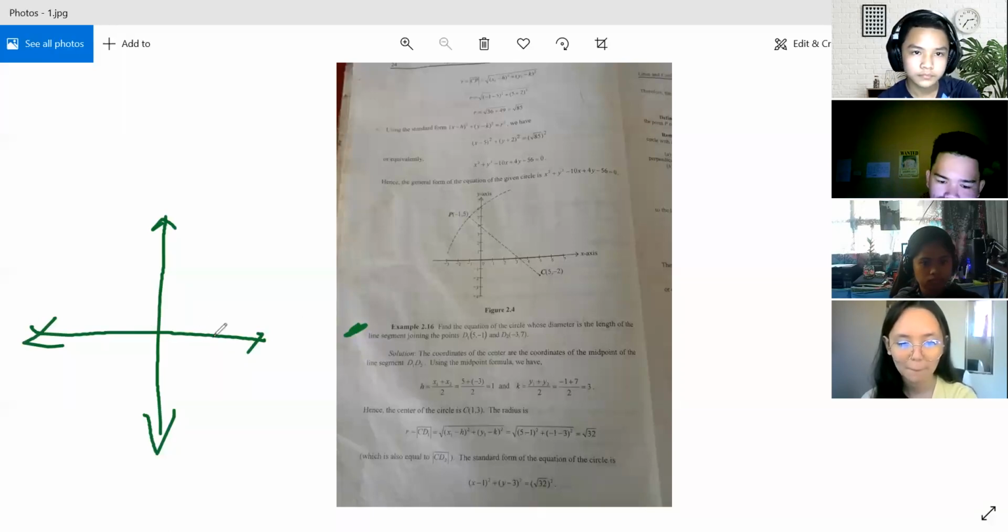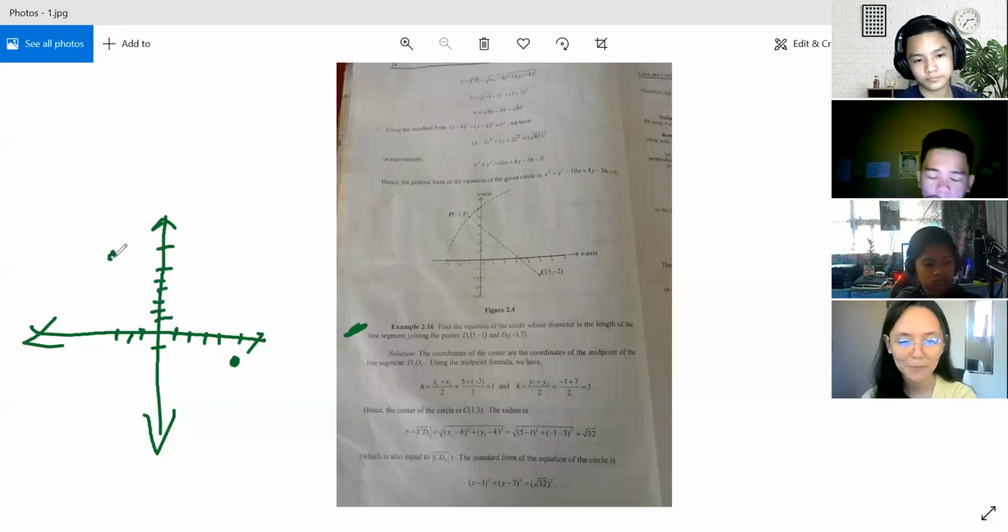The first point is (5, -1): 1, 2, 3, 4, 5 for x, and -1 for y. So this is one of the points. Then the other point is (-3, 7): -1, 2, 3 for x, and 7 for y. So it must be somewhere here.